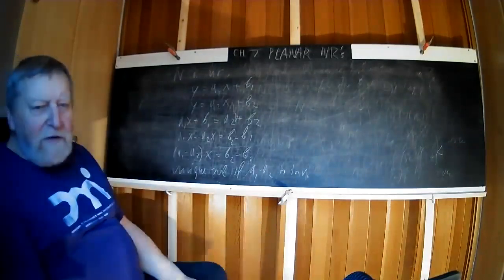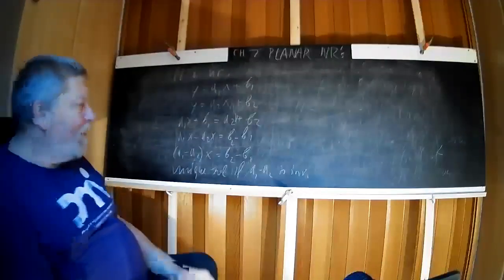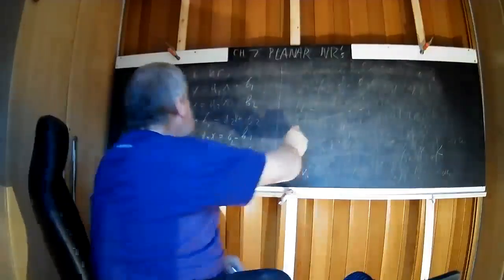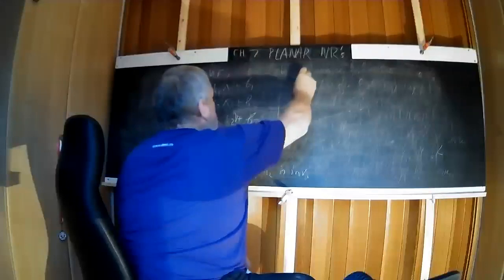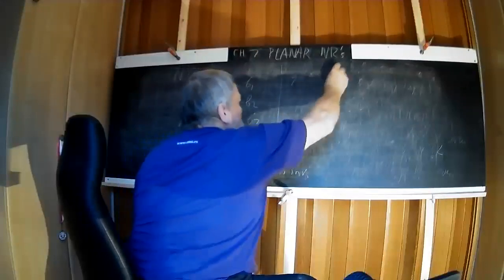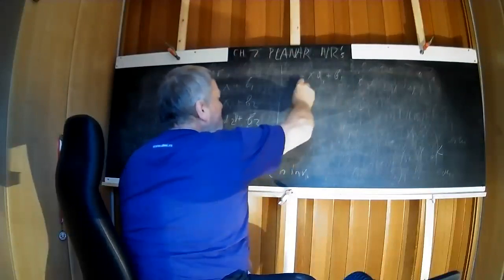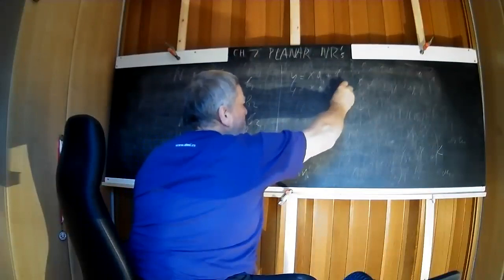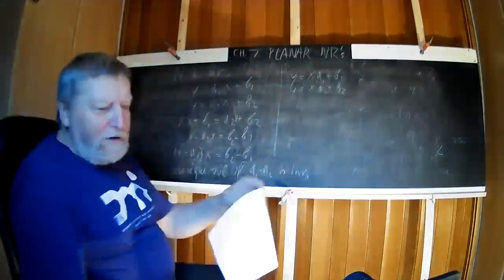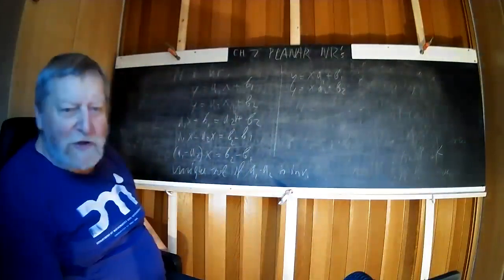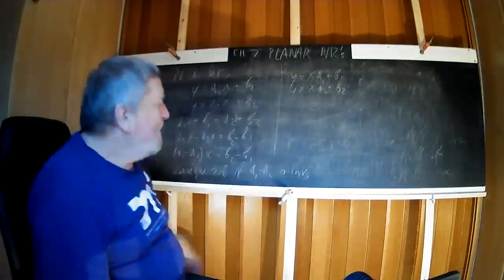Now let's make things again with a slight change here. Let's now take the lines as y equal to xa1 plus b1 and y equal to xa2 plus b2. You might say, well, that's a simple, useless change of order here, but it's not.